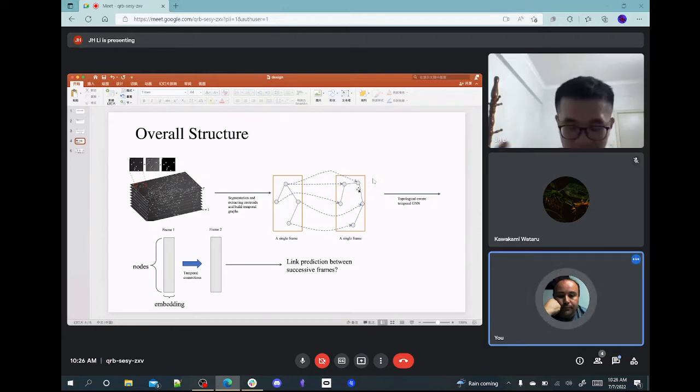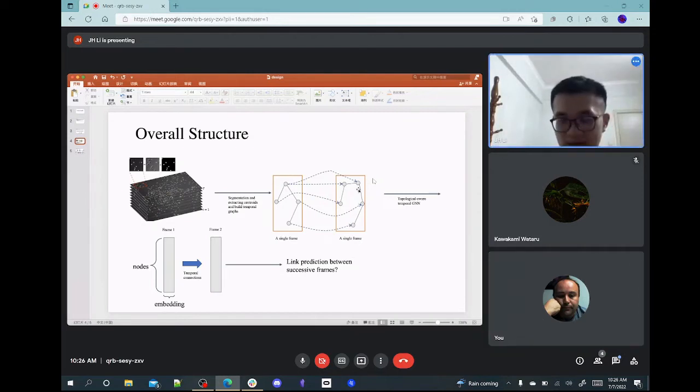Okay, yeah, I see what you mean. So actually, the RNN is to propagate information between successive frames, and the GNN is to propagate information within a single frame. Okay.